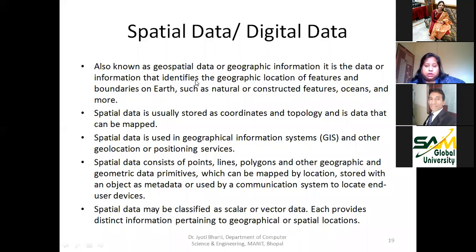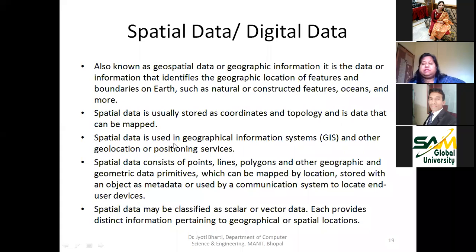This geospatial data gives the information about the location and the boundaries of Earth, such as natural or constructed features, oceans, and more. Spatial data is usually stored as coordinates with intensity values and topology, and is data that can be mapped.